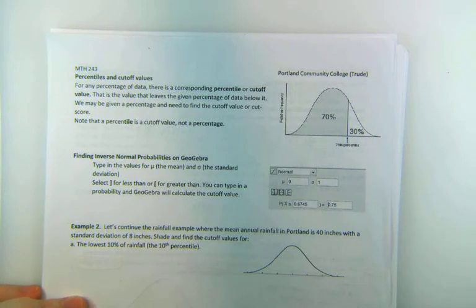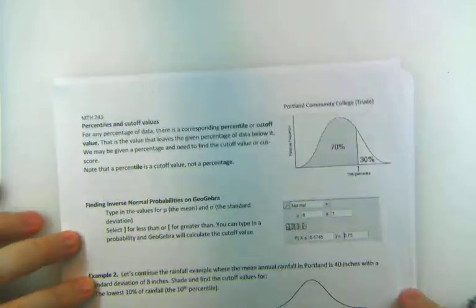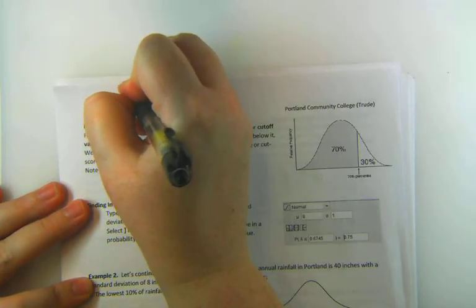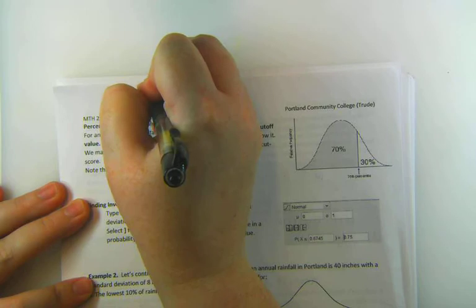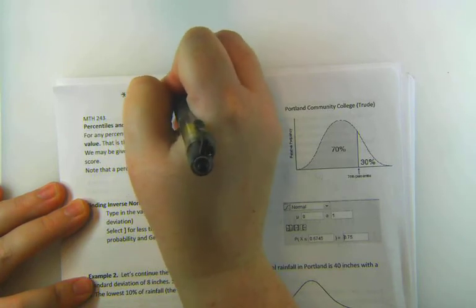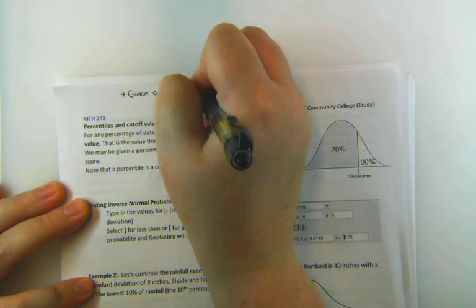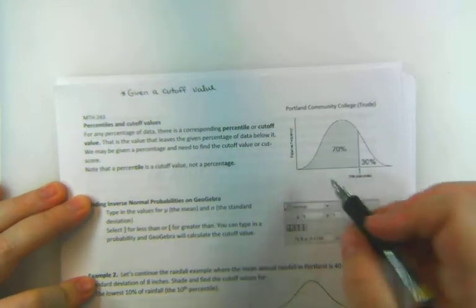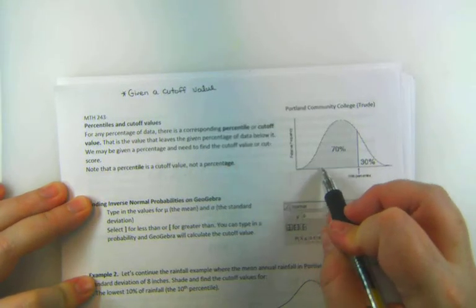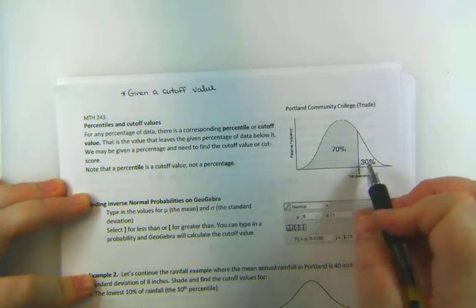So what we're going to do here is kind of switch the order of the calculation. What we've been doing so far is, given a cutoff value or multiple values, and when I say cutoff value, that means the values that land on this number line here. So if we have a normal curve, we cut off there.